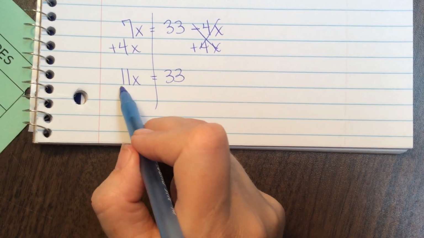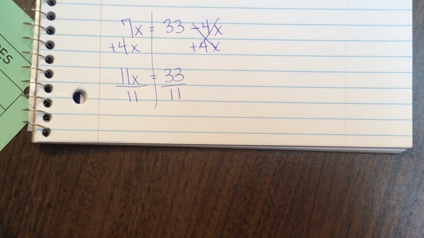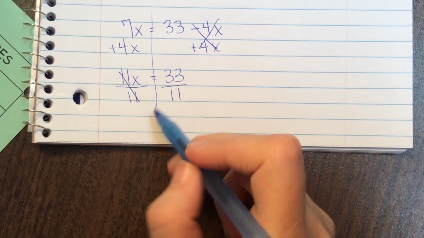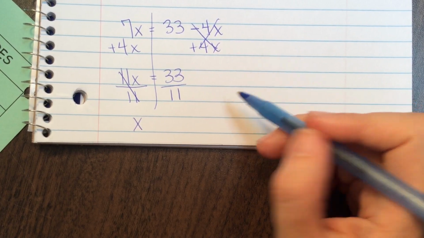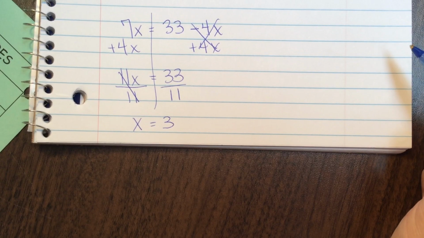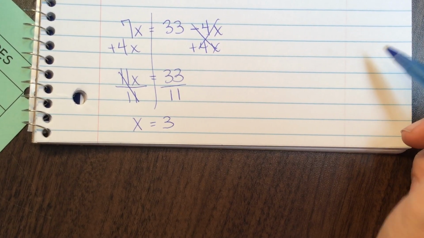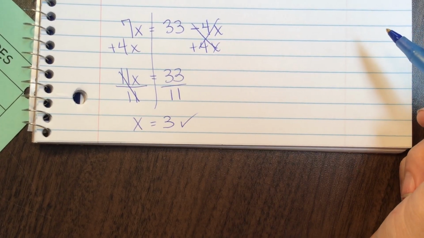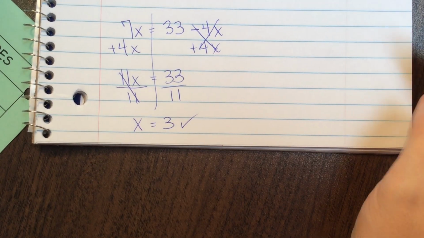So now we're going to divide by 11 on both sides. 33 divided by 11 is 3. Well, at least our answer is not 7 this time. That would have been really weird if it had been. So x equals 3. Let's try another one.